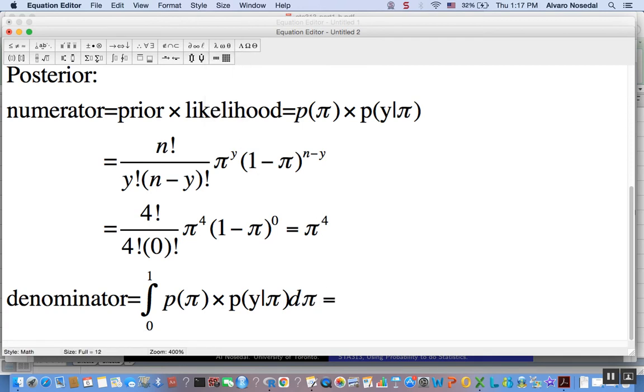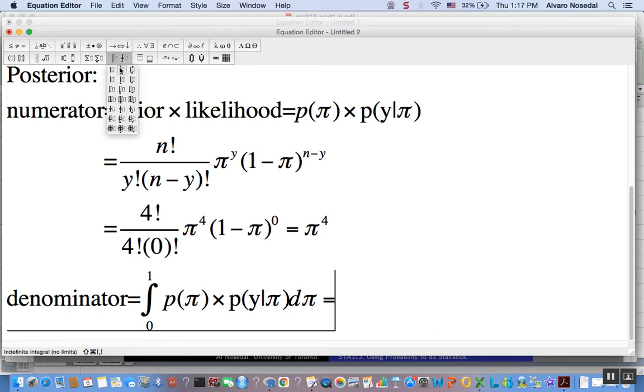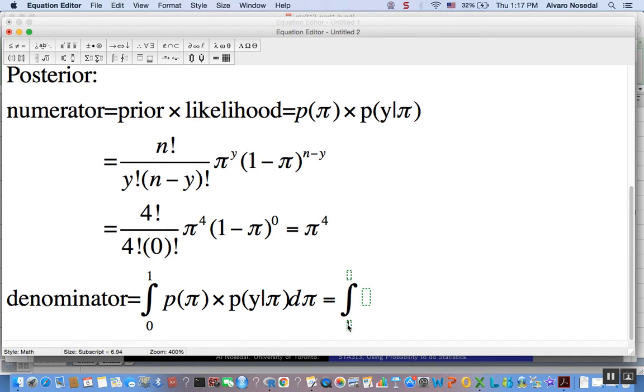So in this case, what we need to do is find the integral from 0 to 1 of pi to the 4th power. That's not too bad.